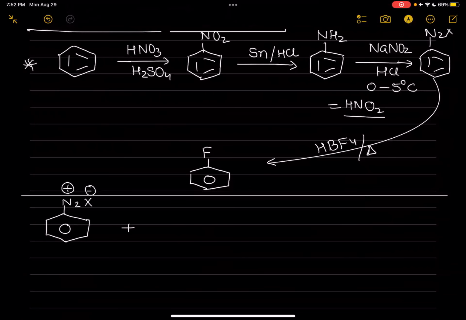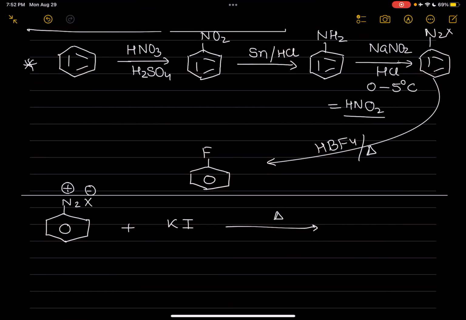So diazonium you have taken, you heat it with KI. So KI, what? I minus will come and join in place of N2. Okay. So what will we have here?